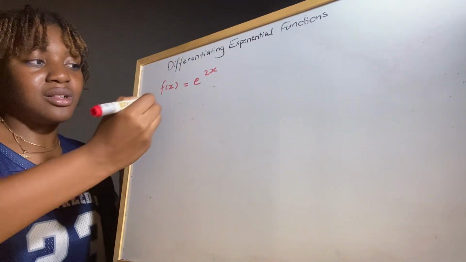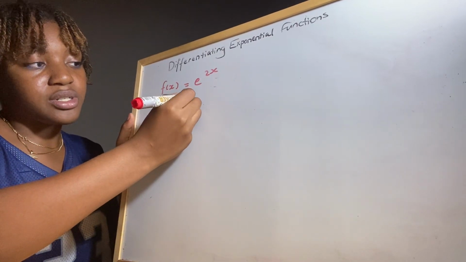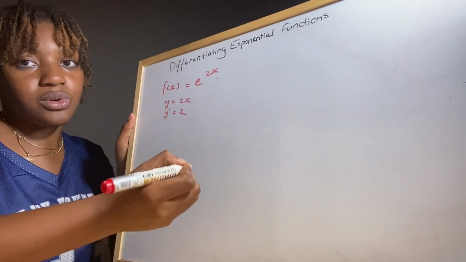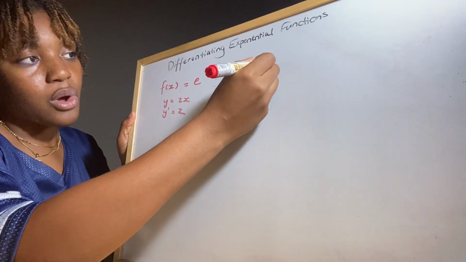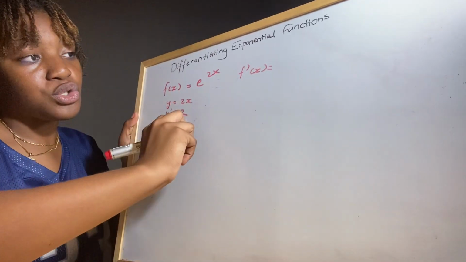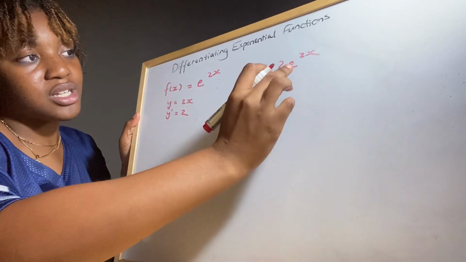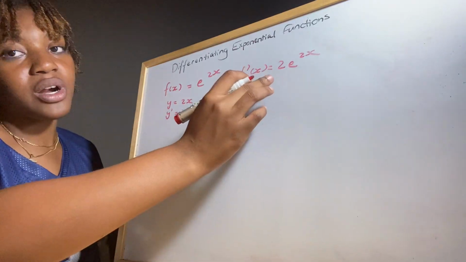So with this, we're going to say y is equal to the power of e, which is 2x. We differentiate the power and we're going to have 2. Therefore, f prime would simply be equal to 2, being the coefficient, e raised to 2x, because we're leaving things how it is and we're just multiplying by the power differentiated.